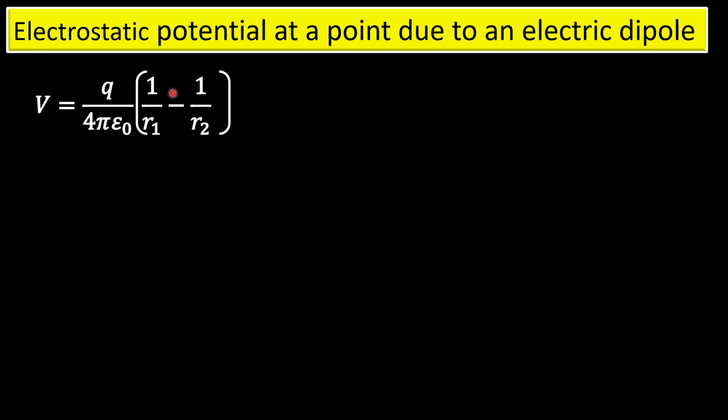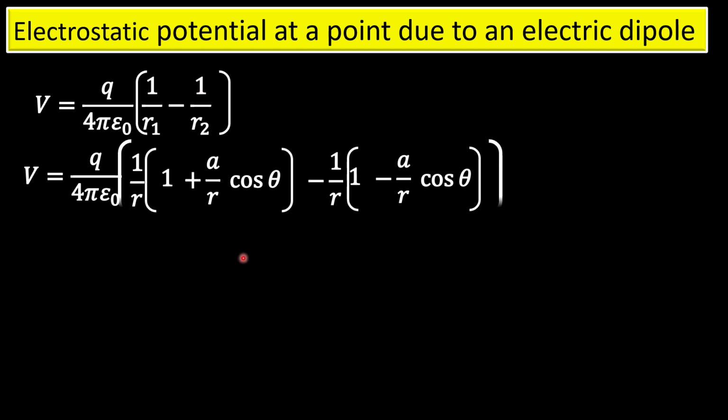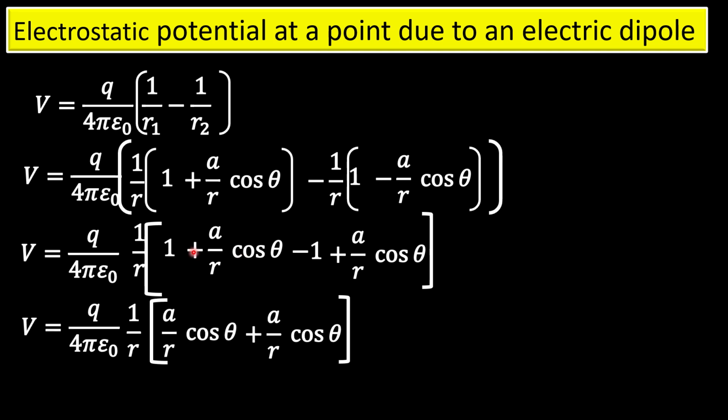Now we have 1 by r1 and 1 by r2. Substituting these two values in this equation, we get this one. Taking 1 by r as a common term and cancelling the 1 and minus 1, we get V is equal to Q by 4 pi epsilon naught into 1 by r into 2a by r cos theta.